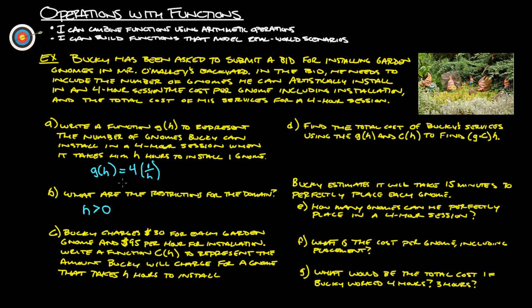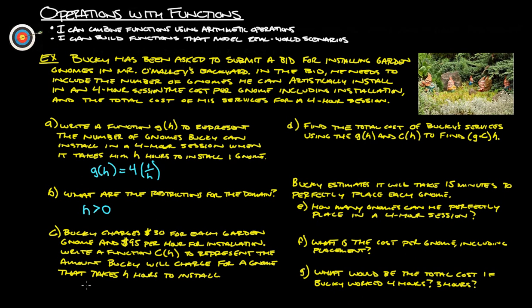That's what they're asking. It's like, what can the domain be? And that's our H. Okay, the G is going to be our Y, our range, and H is going to be the domain. Okay. Part C, Bucky charges $30 for each garden gnome and $95 per hour for installation. Write a function C of H to represent the amount Bucky will charge for a gnome that takes H hours to install.